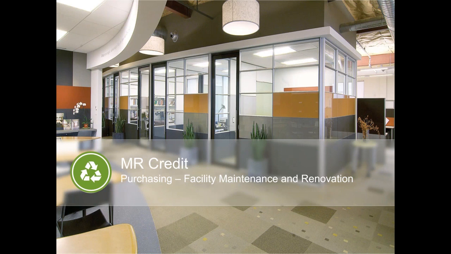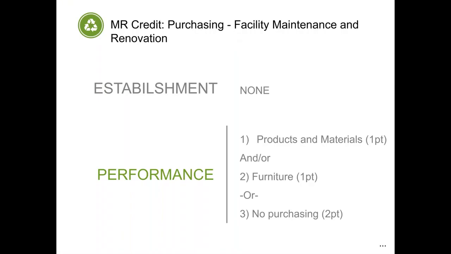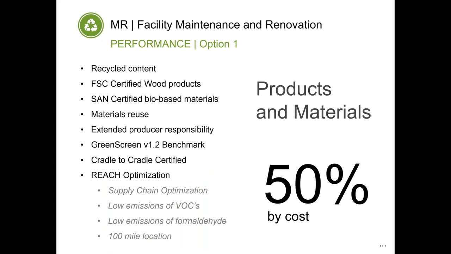All right, so for our next credit, we've got purchasing, facility maintenance and renovation. Again, there's no establishment because the guidance for this policy was established in the prerequisite. So we're looking at performance, you're looking at products and materials, furniture, or if there's no purchasing, there's a route for documenting as well.